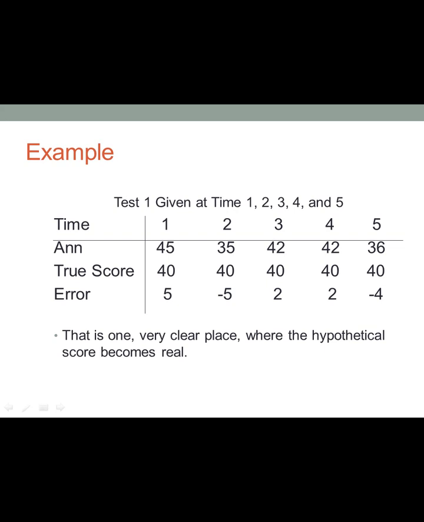But according to classical test theory, her true score hasn't changed. Her creativity has stayed the same. Her true value on this scale is 40 in each instance. What's changed is the error that the test picked up. So the first time, it measures her 5 points too high, the second one 5 too low, and so forth.